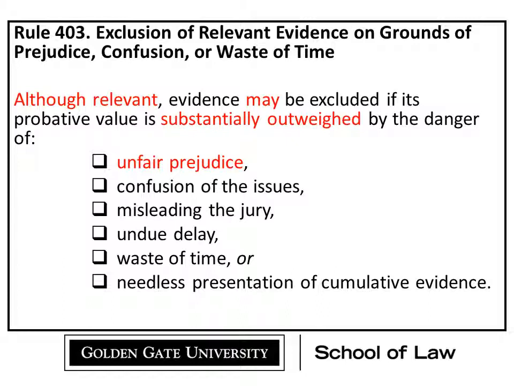So you can imagine most evidence is relevant, it's going to be in, and only in certain instances, only when one of these dangers, most notably unfair prejudice, substantially outweighs the probative value of the evidence, will we keep it out. So this is a rule of inclusion. We expect most evidence to stay in. Only the rare instances where one of these dangers, unfair prejudice, substantially outweighs that probative value will we exercise the court's discretion.